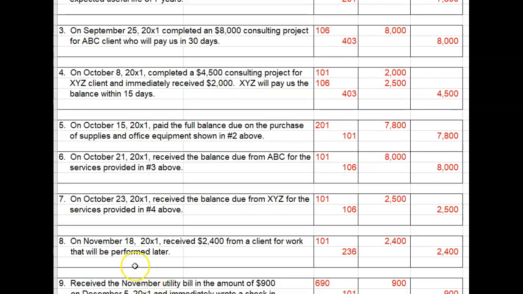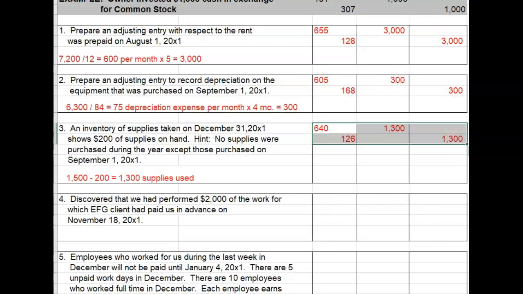November 18th, we received $2,400 from a client for work that will be performed later, and we credited unearned revenue for $2,400. Now, we have actually performed $2,000 of that work. So we get to reduce our liability and increase the amount of revenue that we earned.